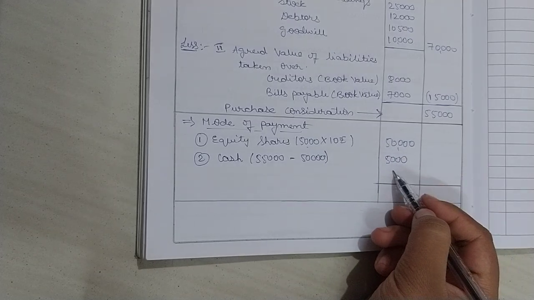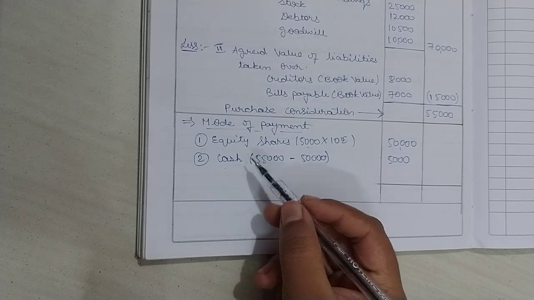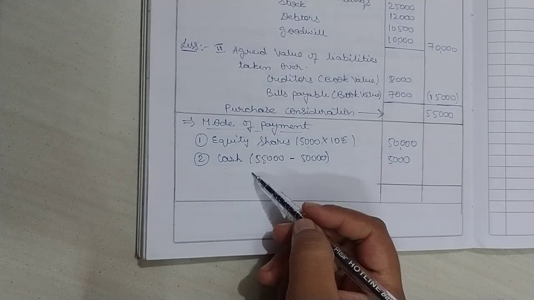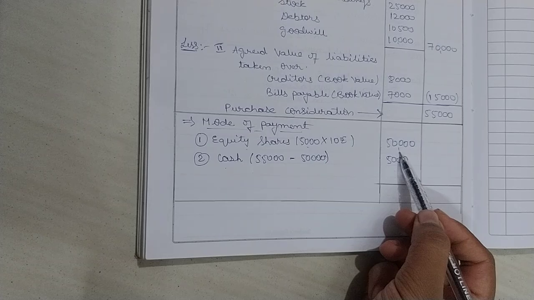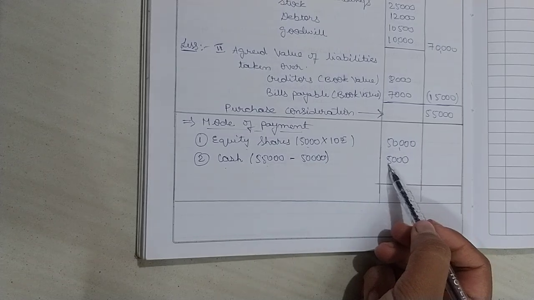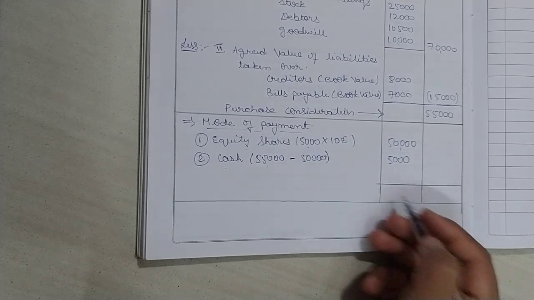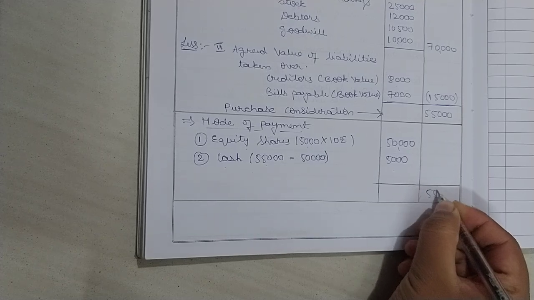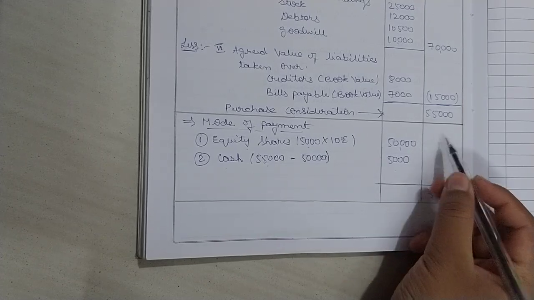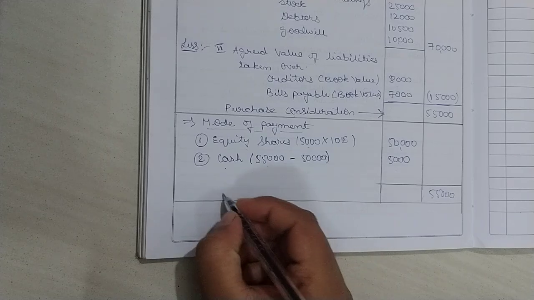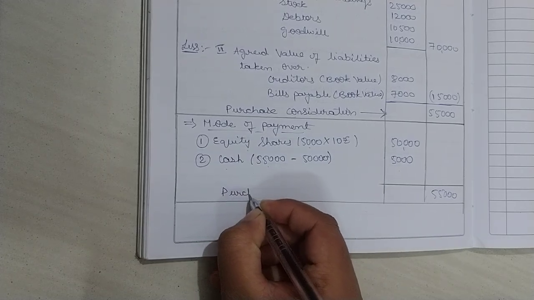So 5,000 is paid in cash. So what is the combination of mode of payment? Equity shares worth rupees 50,000 and cash worth rupees 5,000. Total is 55,000. You arrived at the same value, 55,000 purchase consideration.